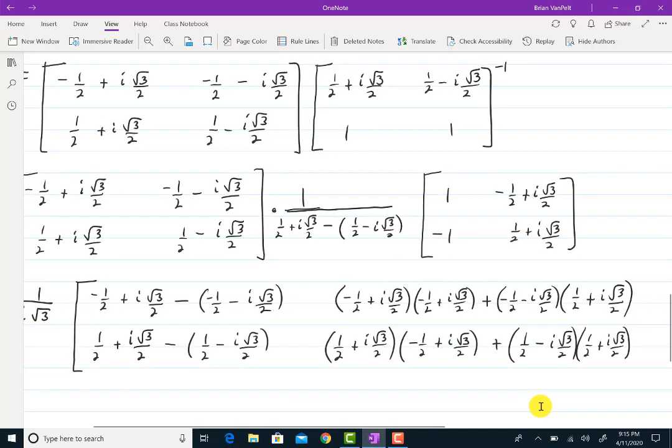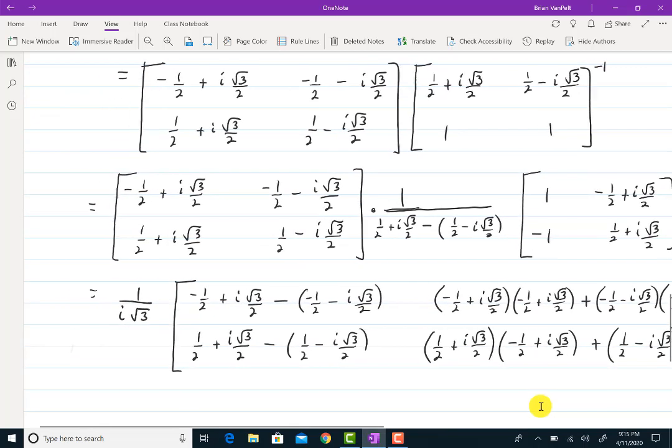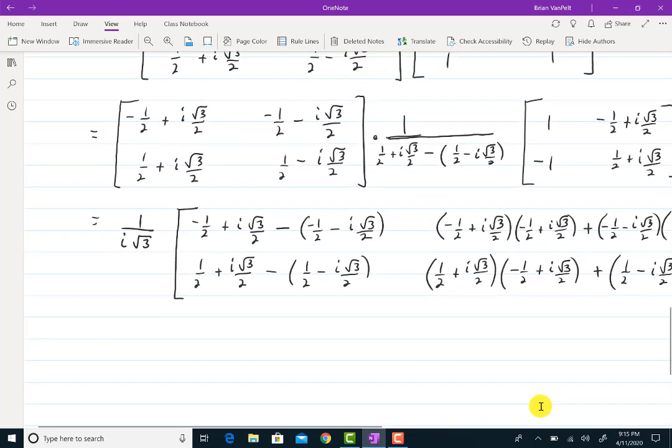And then let me go ahead and end that. So I need to do some serious simplifying here. Remember, the original matrix had real numbers, so let's see. I'm really interested to see what happens here.